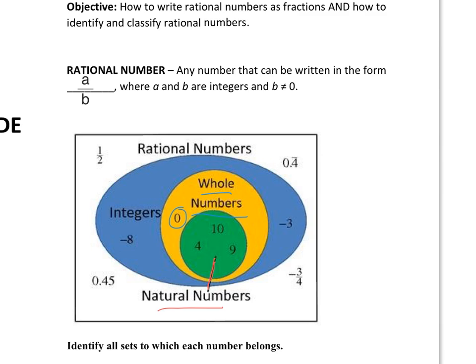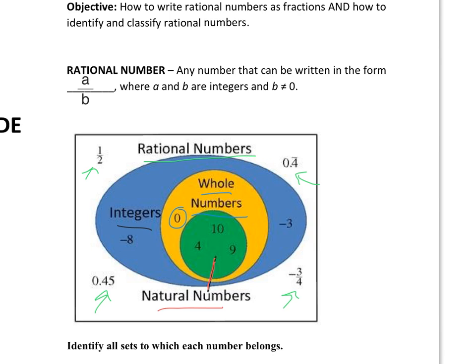Then next are the integers. Integers are our negative numbers and our whole numbers and natural numbers, because an integer is both negative and positive. And then finally, with our rational numbers, we see that they are fractions, decimals, repeating decimals, and negative fractions.